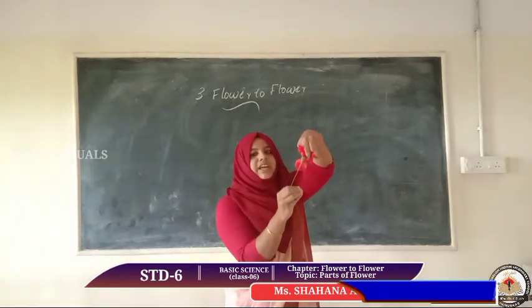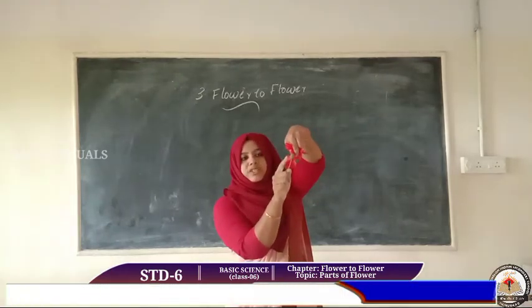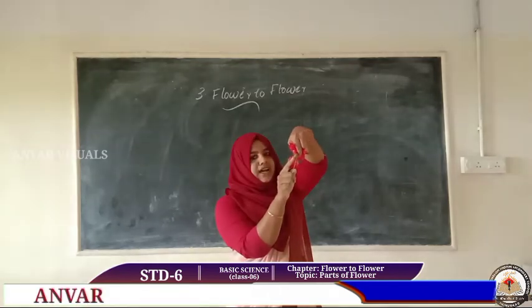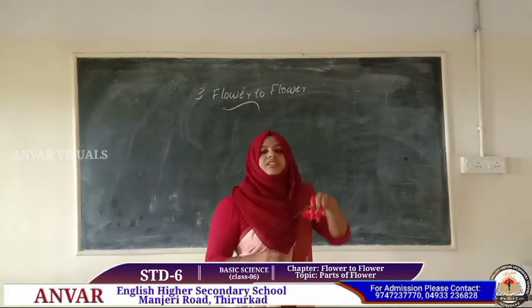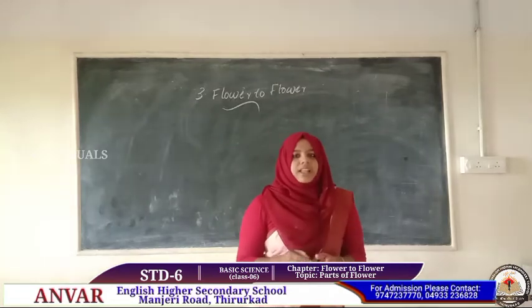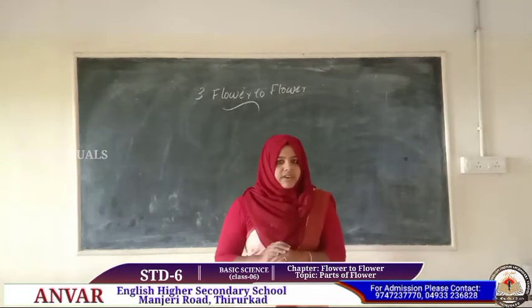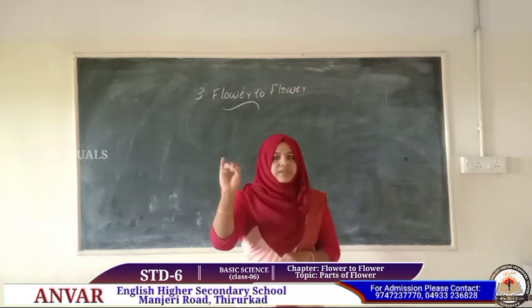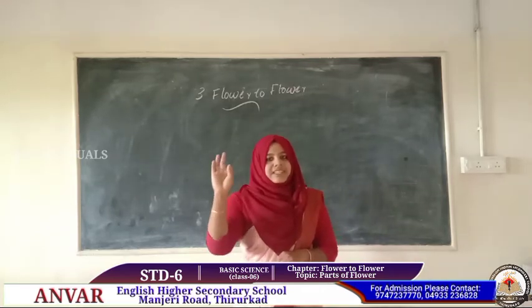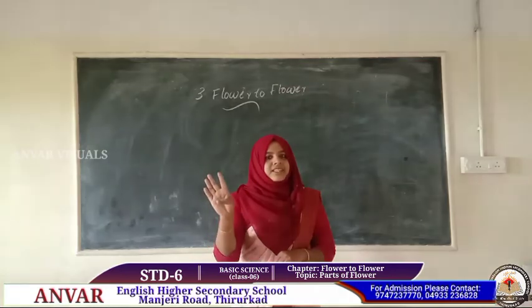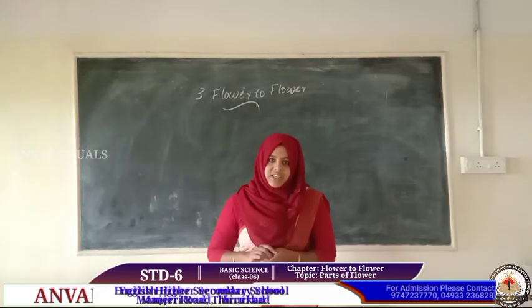This cup is called calyx, this portion is thalamus, and this stick is called pedicel. The important parts of a flower are androecium, corolla, gynoecium, calyx, thalamus, and pedicel.